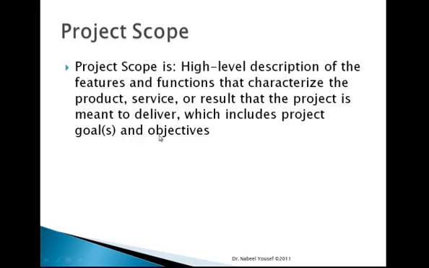The project scope is the high-level description of the features and functions that characterize the product, service, or result that the project is meant to deliver, which includes project goals and objectives. Usually we also address the success criteria, why this project will be successful, or why we chose this project.